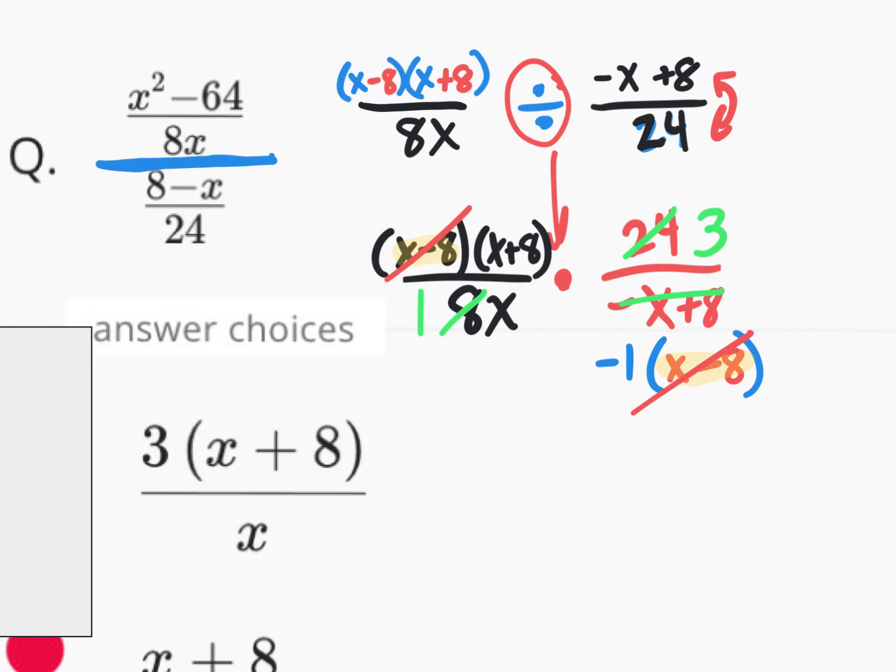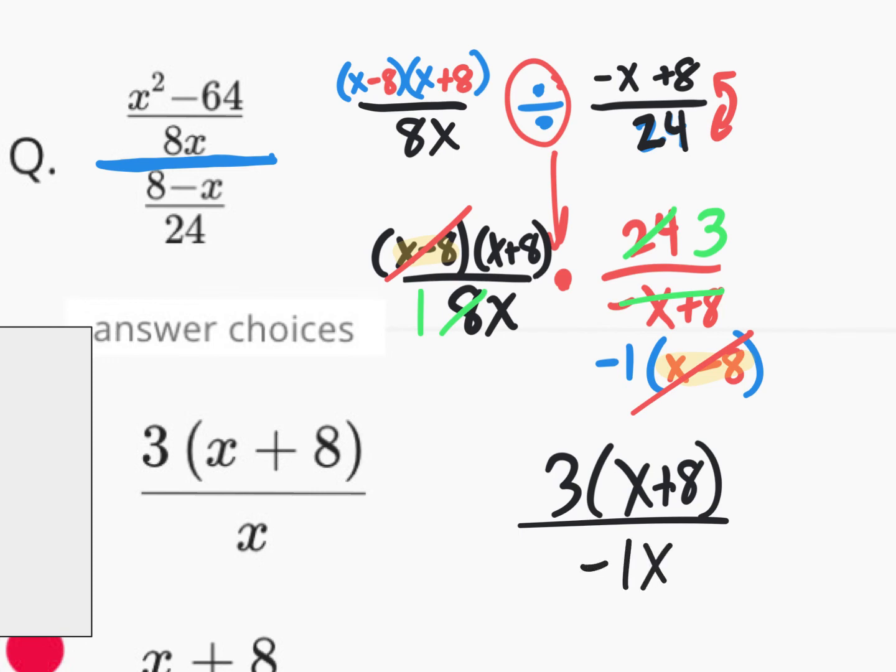And what's left? Up on top, we have an x plus 8 with a 3. 3 times x plus 8 over negative 1 with an x. Negative 1x, okay? So just negative x.